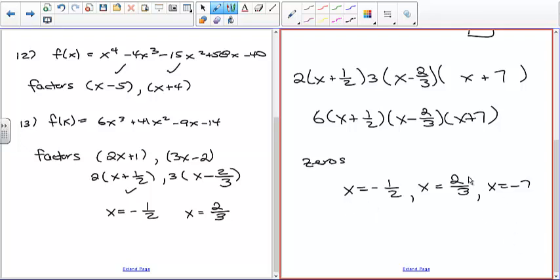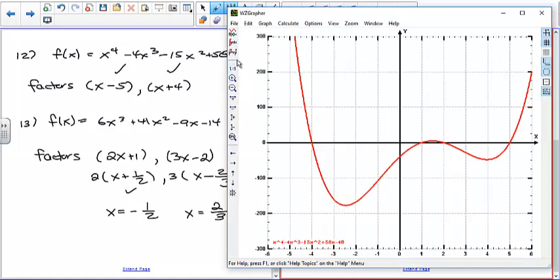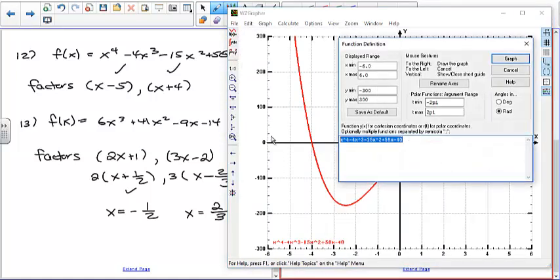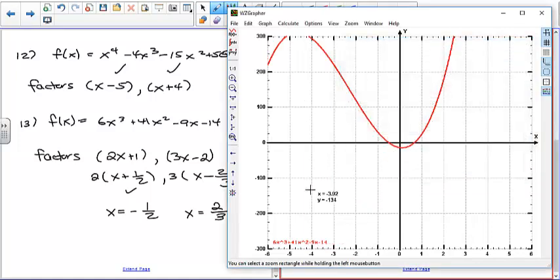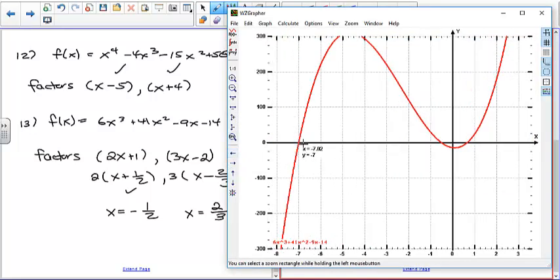And then the last thing was to plot this function and show that it really worked out. So let's plot the original function that we had, which is 6x cubed plus 41x squared minus 9x minus 14. So we do that, and let's see, I need to shift this a little bit so I can get all 3 intercepts.